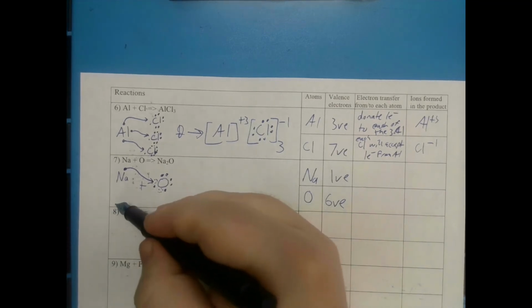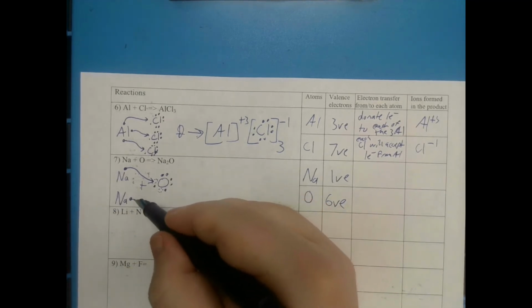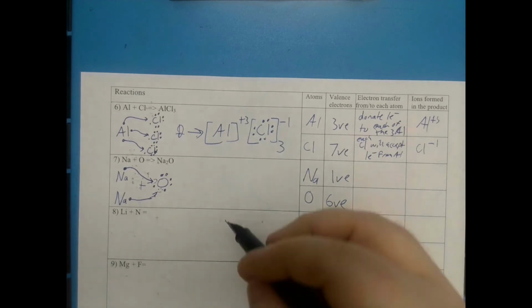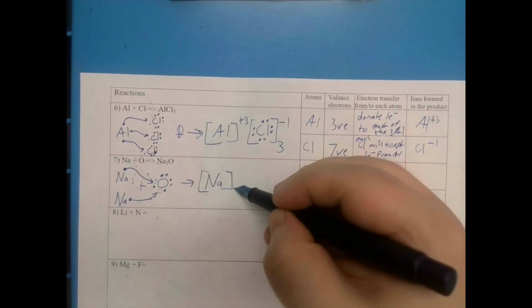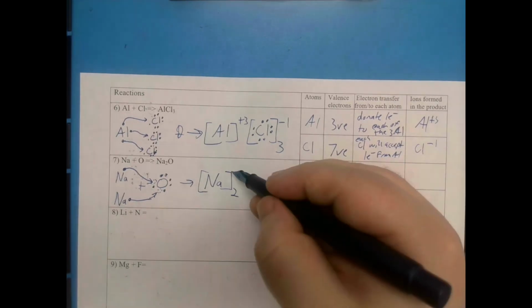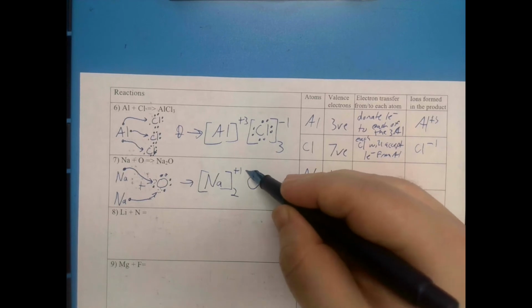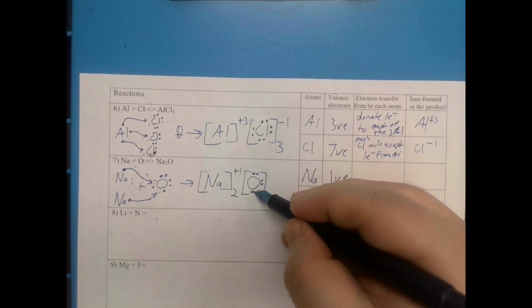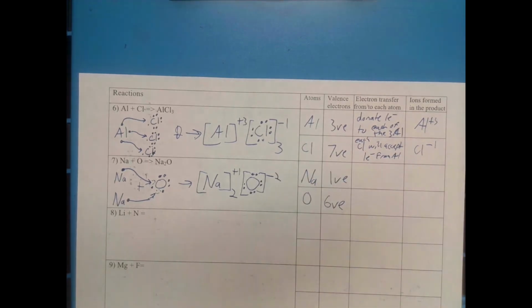So we need another sodium to fill that hole. So we're going to end up with 2 sodium atoms. They get a plus 1 charge for every 1 oxygen. And the oxygen will get a negative 2 charge because it's gaining 2 electrons.